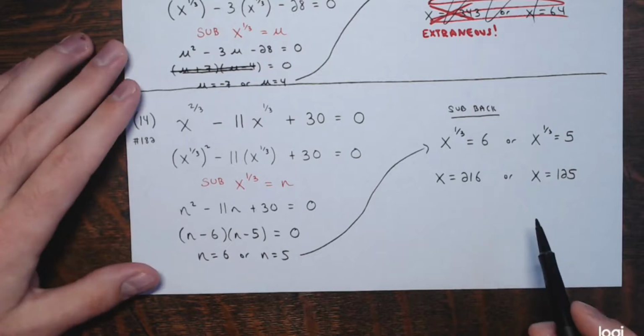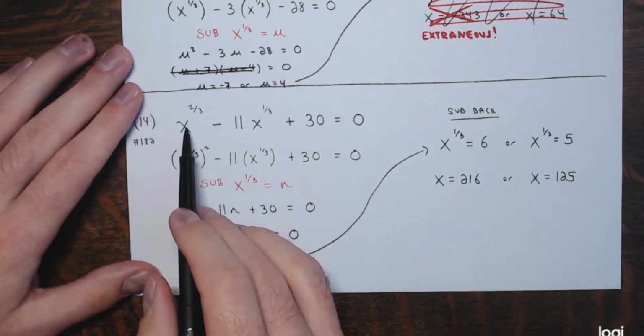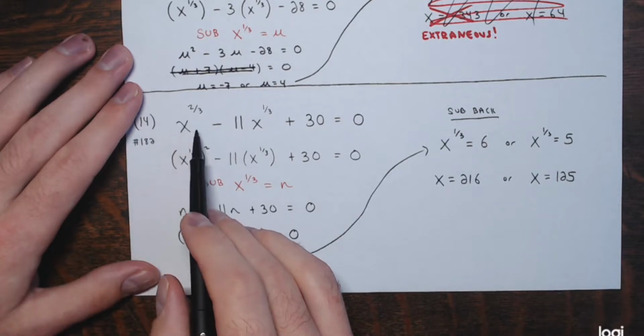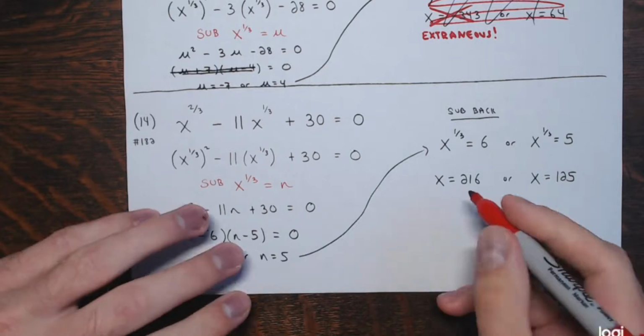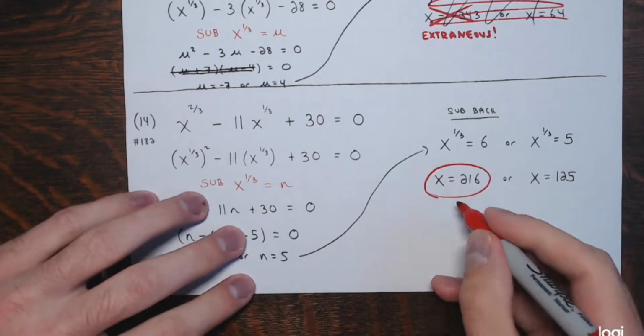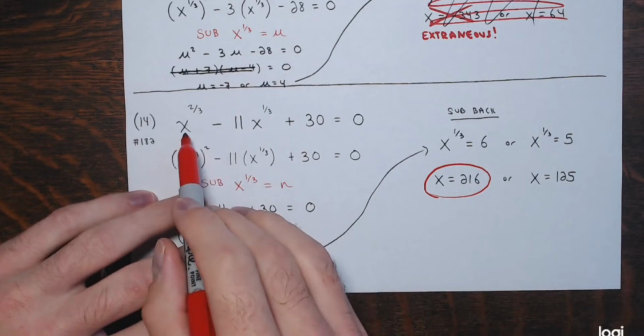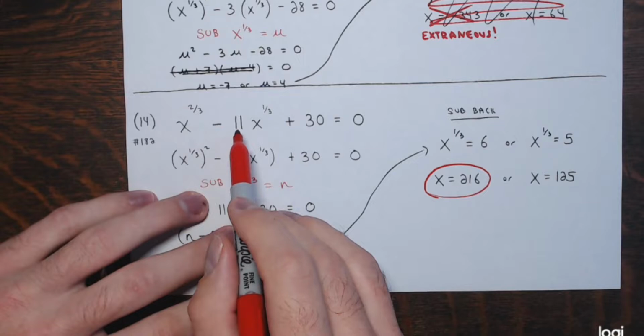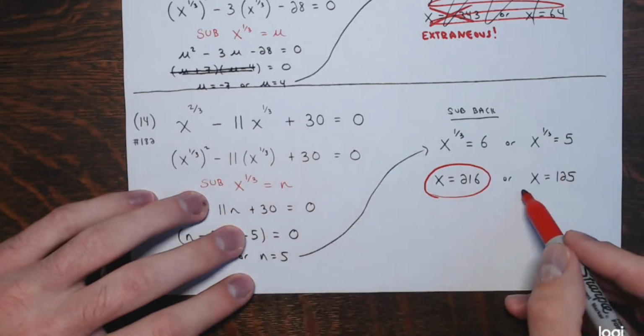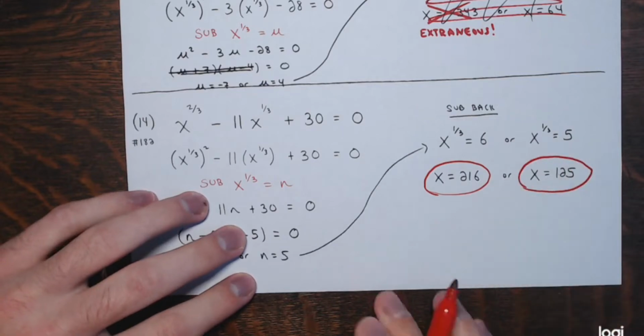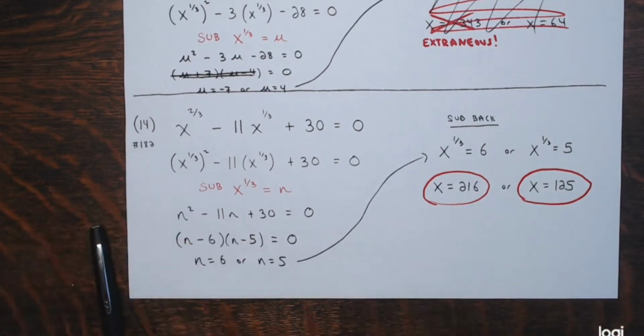Let's check these. 216: this would be 36, 6 squared. 36 minus 66 would be negative 30, plus 30 equals 0. So 216 works. And 125: this would be 25. 25 minus 55 is negative 30, plus 30 equals 0. This works also. So 216 and 125 are the solutions of that equation.